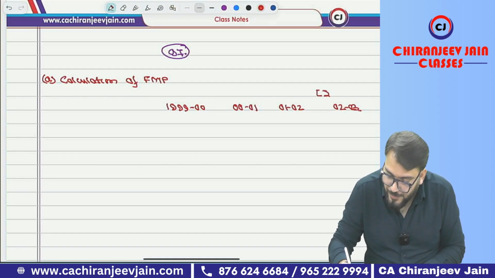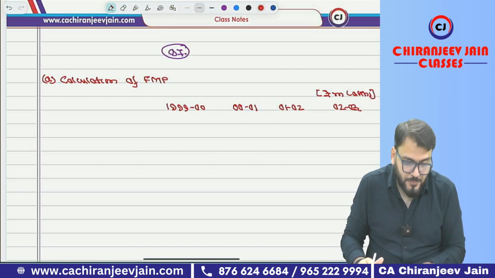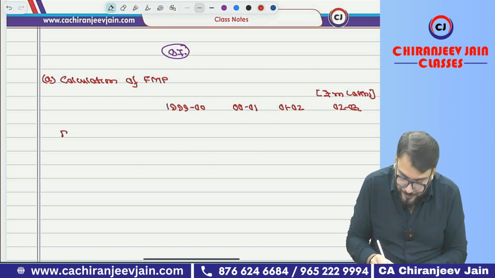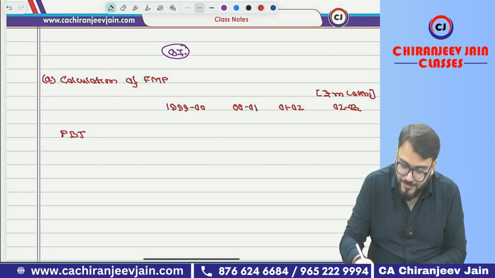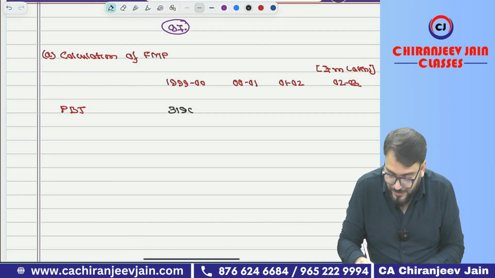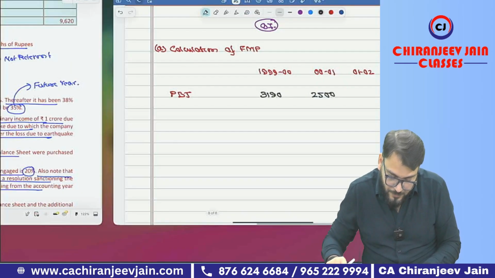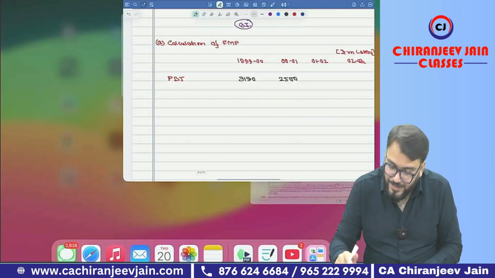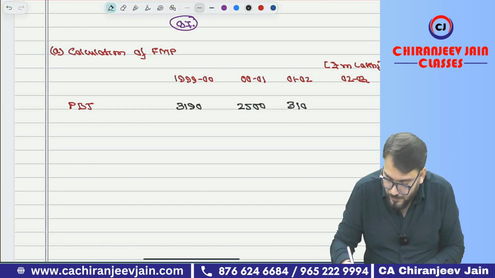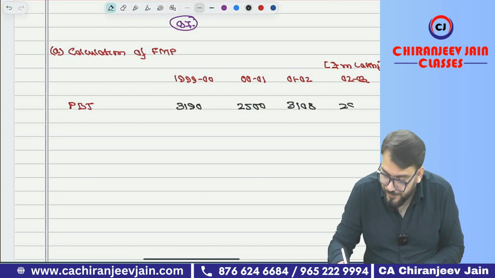All the information is given in lakhs, so you can write rupees in lakhs. Now they have given PBT, profit before tax. How much PBT have they given? They have given 3190, 2500, then 3108, and then 2900.